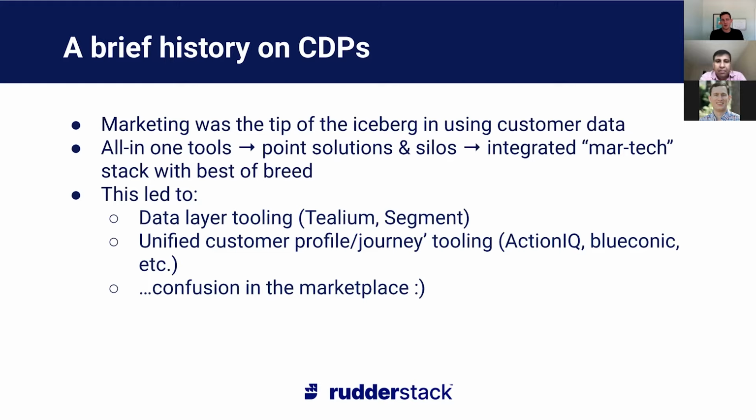But even still, all of your data lived in different parts of the tech stack. Even though they could talk to each other, you didn't have a unified data layer. So Soumyadeb, talk us through how the integrated MarTech stack with best of breed actually led to needing data layer tooling and kind of created a lot of confusion in the marketplace as that happened.